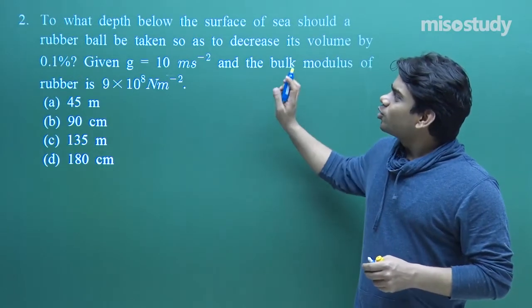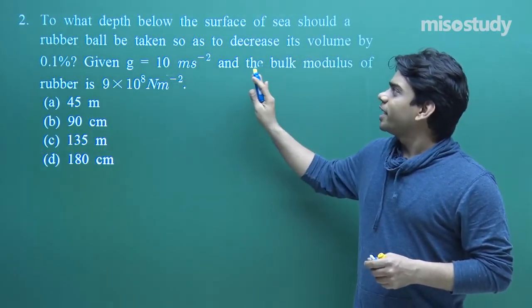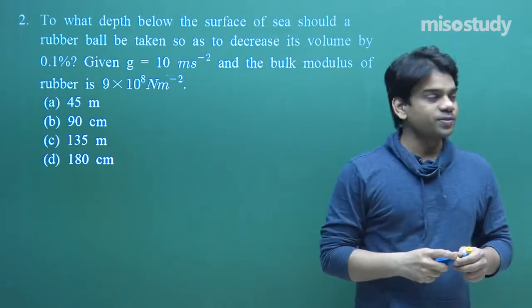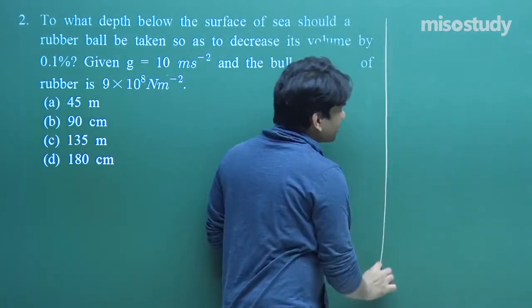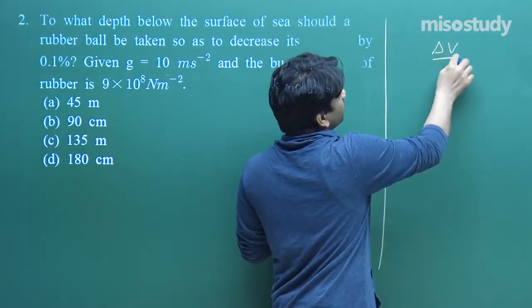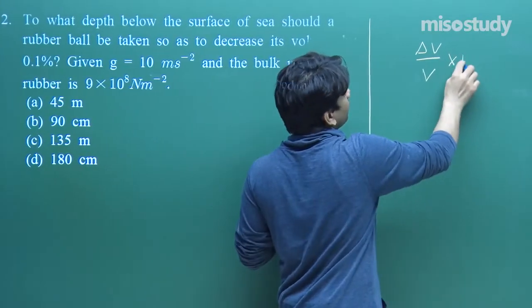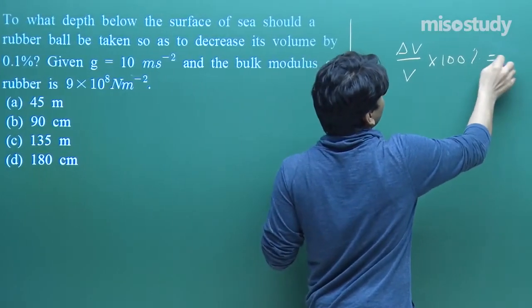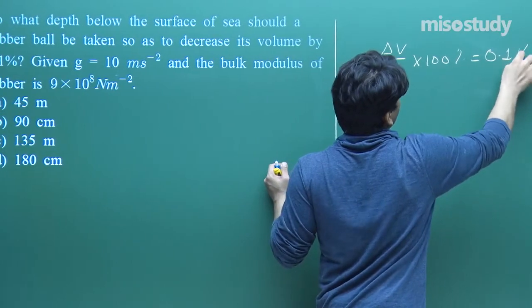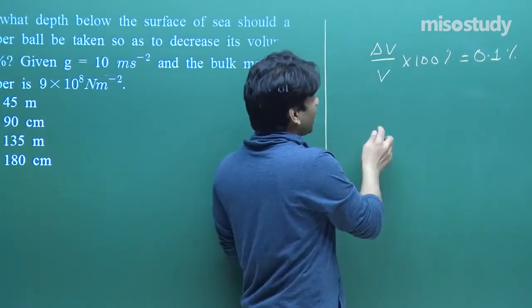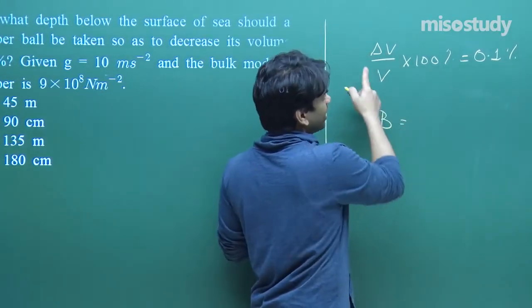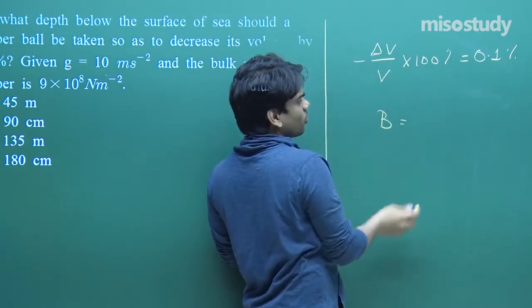Now first of all, to what depth below surface of sea should a rubber ball be taken so as to decrease its volume by 0.1%? Decrease its volume by 0.1%, so delta V by V into 100% is given as 0.1%. We all know the bulk modulus, now it's decrease, so can we write this as minus? Not a problem.